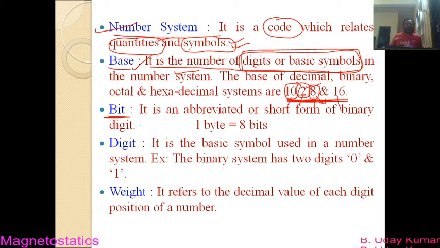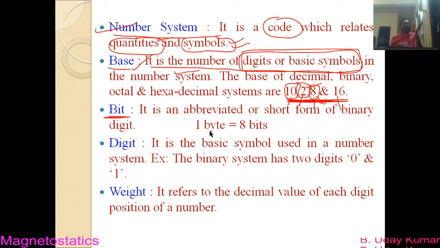It is an abbreviated or short form of binary digit. That means the binary number system has only two basic symbols, one is 0 and another one is 1, and that 0 or 1 is the short form of binary digit, and that short form 0 or 1 is called a bit.